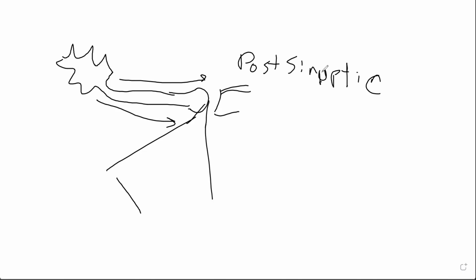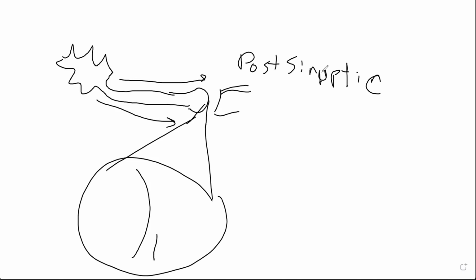So inside here, you have the union between two neurons. So you have essentially a given number of vesicles filled with neurotransmitters, which are molecules that have some molecules inside.